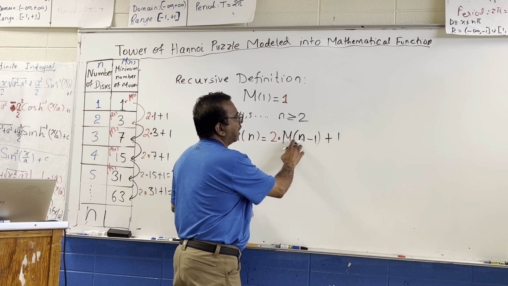Think of perfect squares. What are the perfect squares? 1, 4, 9, 16. Can you think of these numbers and are they connected here?